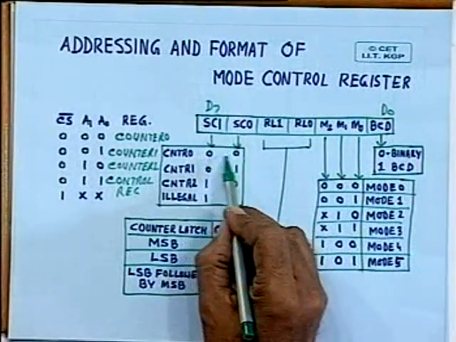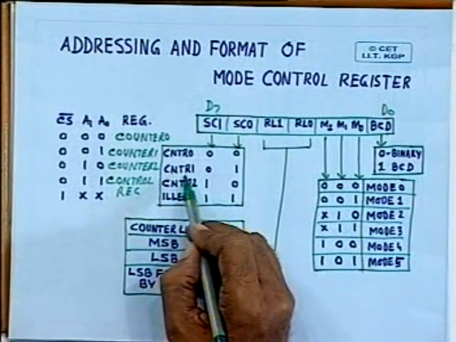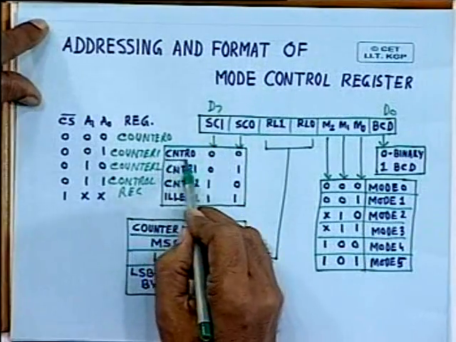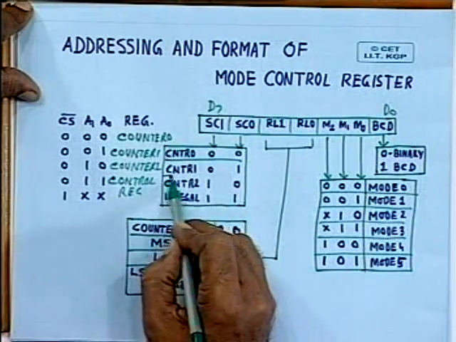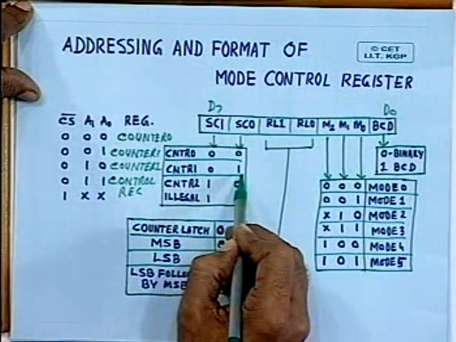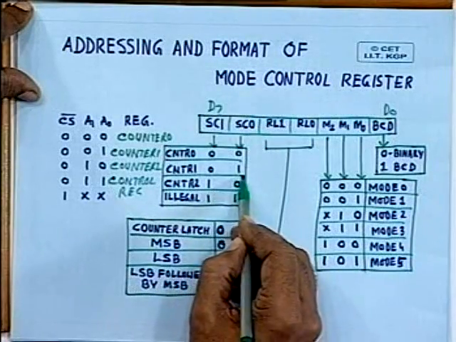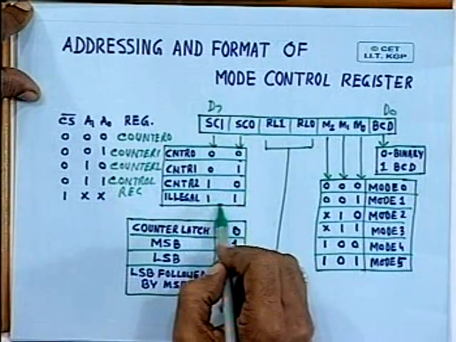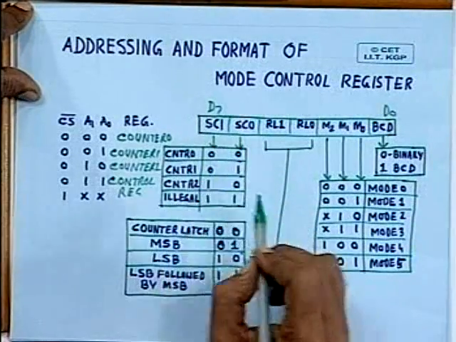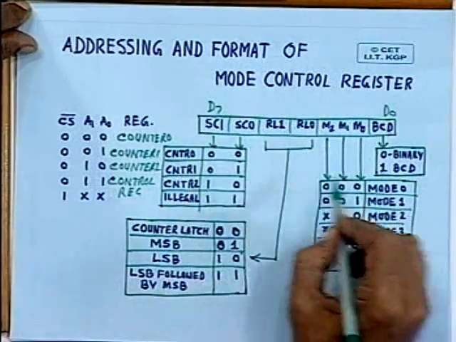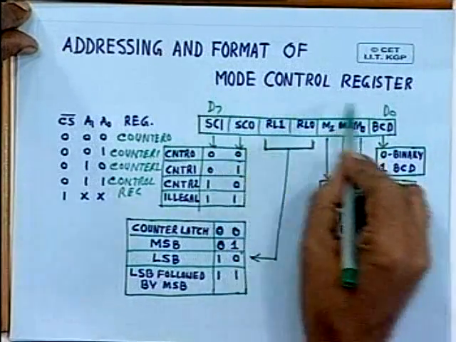That means whenever these 2 bits are 0, 0, the control register corresponding to counter 0 is accessed. Whenever these 2 bits are 0, 1, then control register 1 is being accessed. Whenever it is 1, 0, then you are accessing control register 2. And of course 1, 1 is illegal, you should not put 1, 1 here. And this is the format of the mode control register.